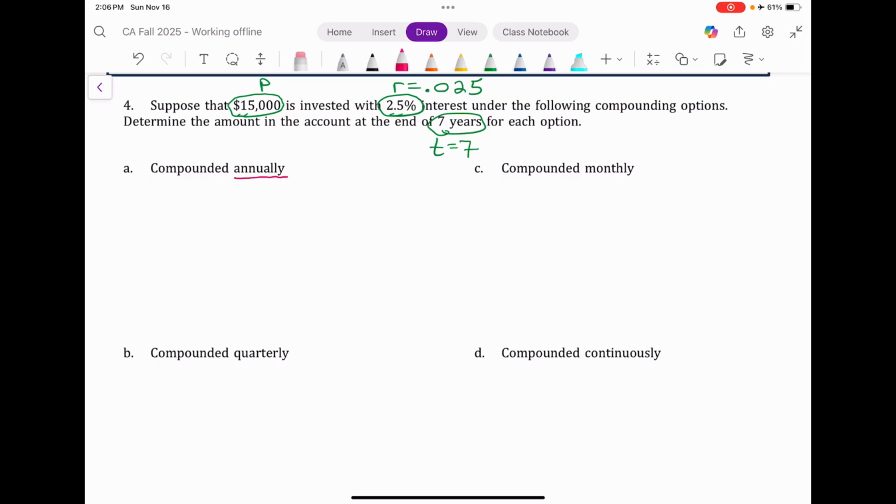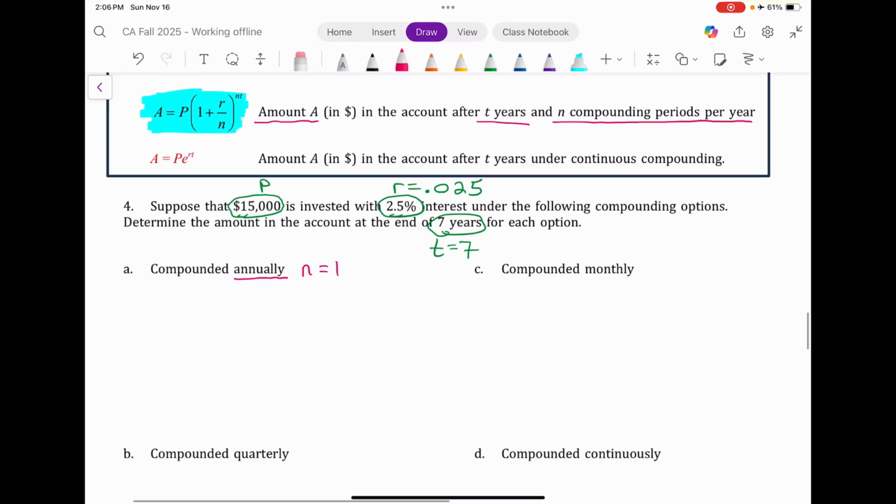So if we compound annually, that implies we only compound the interest once throughout the year. So we're using that formula I have highlighted. So we just plug in what we know. So 15,000, and then 1 plus 0.025 over 1, to the 1 times 7.